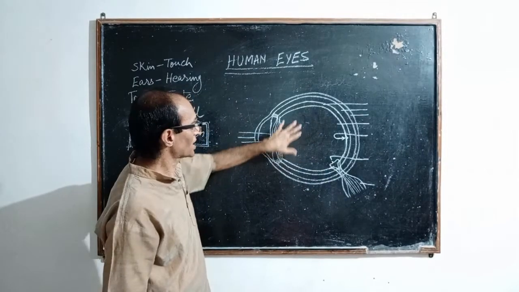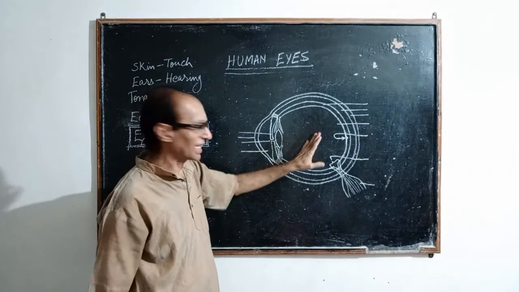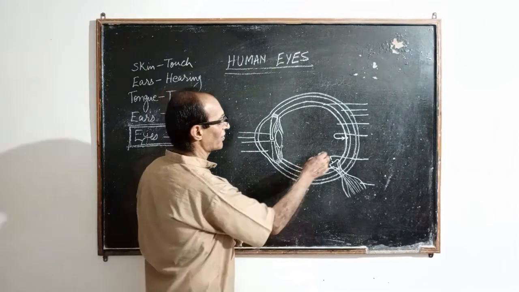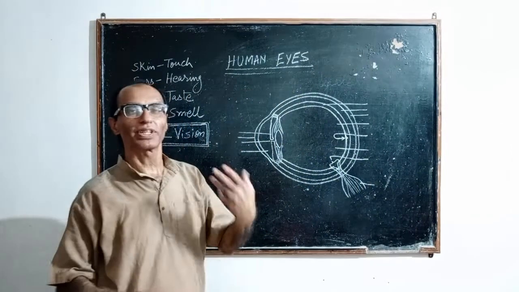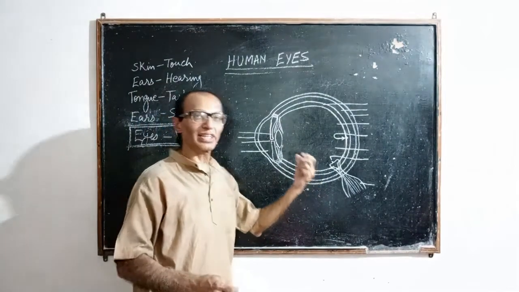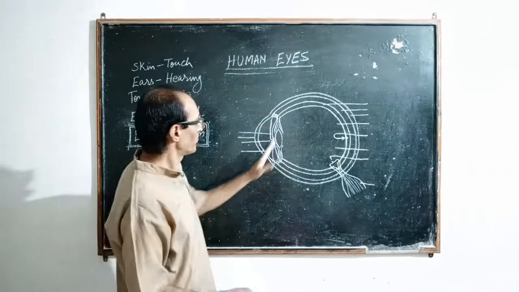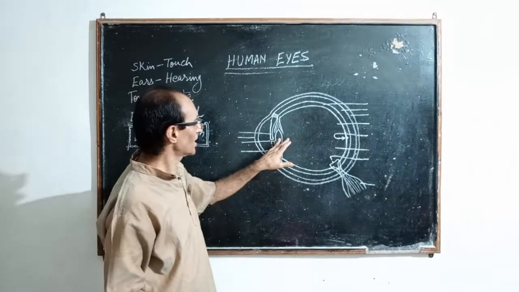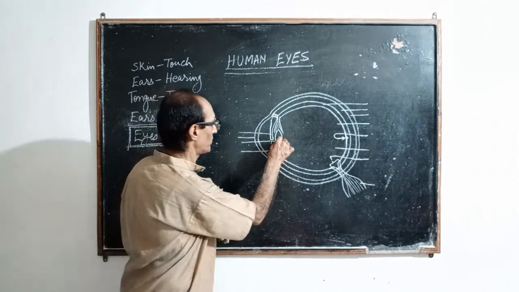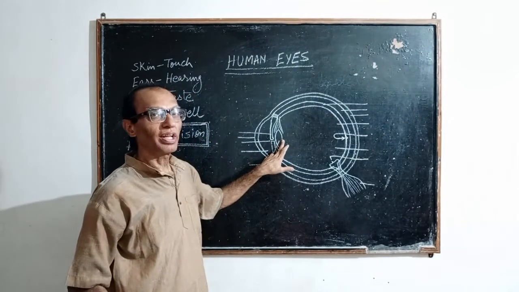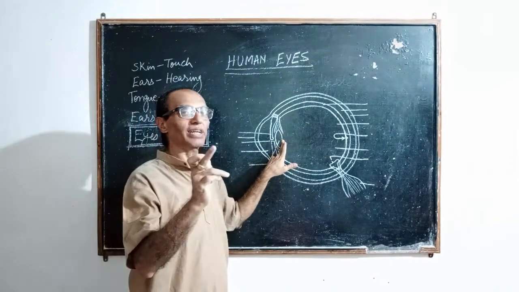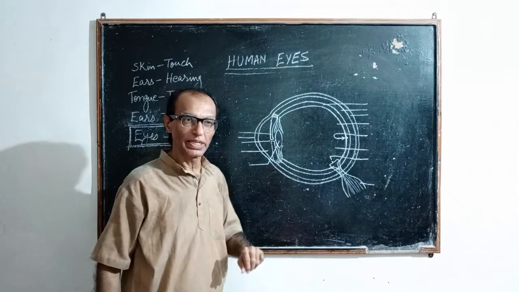This portion behind this lens is referred to as the vitreous chamber, and this vitreous chamber contains the jelly-like material, that is vitreous humor. This lens is a biconvex lens, and it is different from the lens that we normally talk about in our labs.